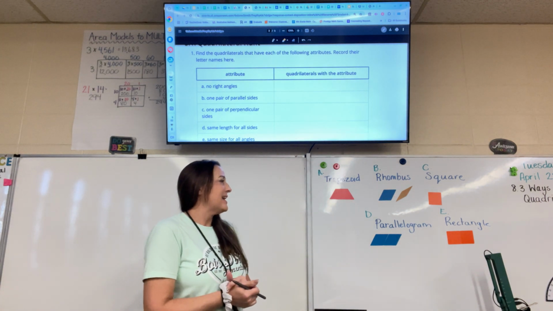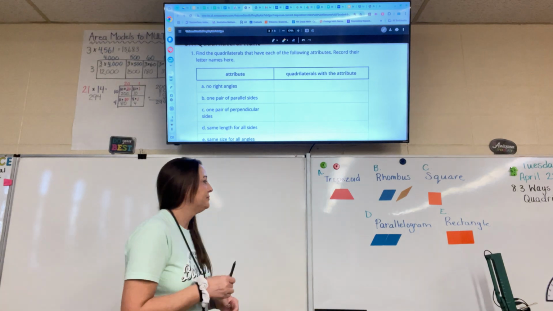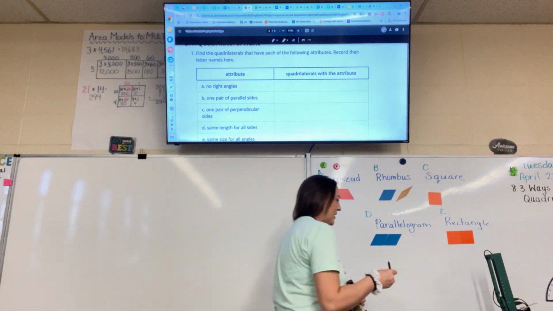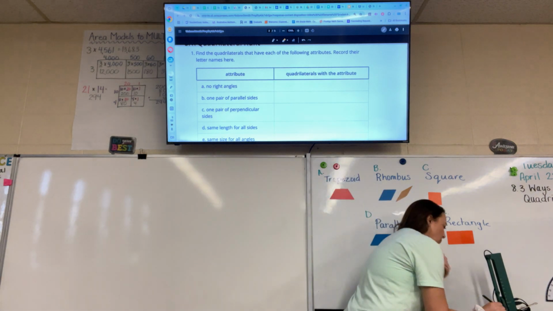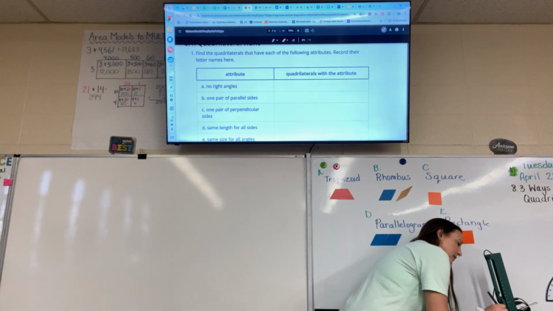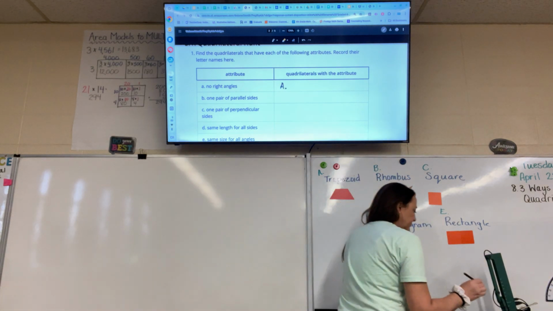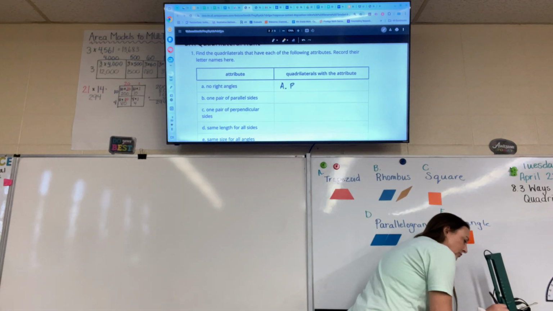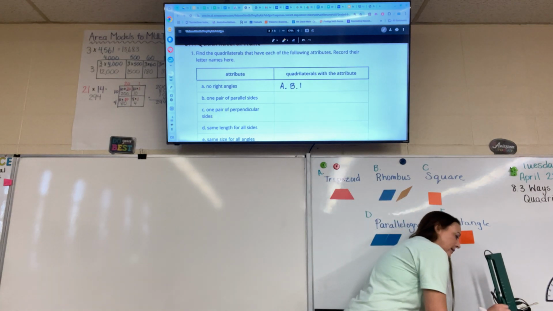And the other thing on the board that does not have right angles would be what, Braden? Parallelogram. Yep, parallelogram. Okay, so I want you guys to write in this box. We're going to write A for trapezoid, B for rhombus, and D for parallelogram.